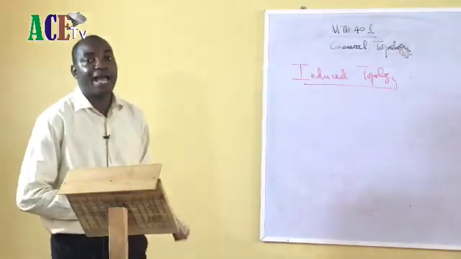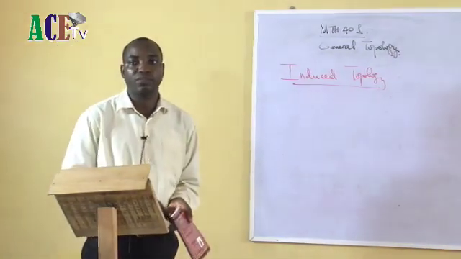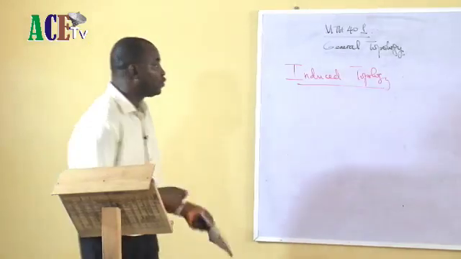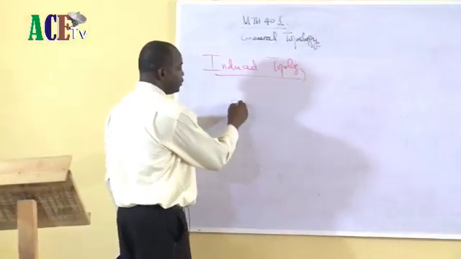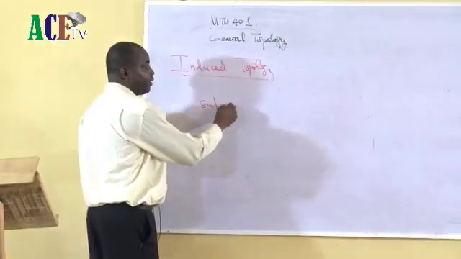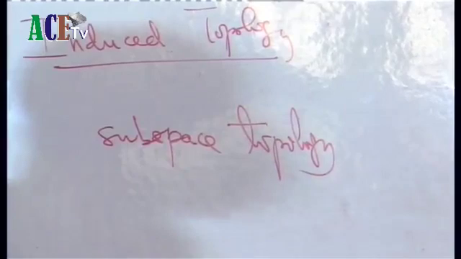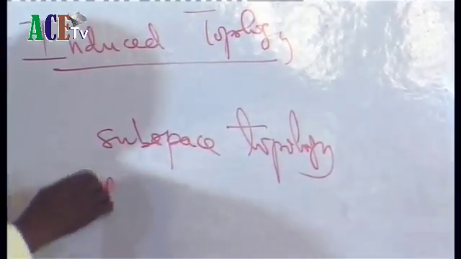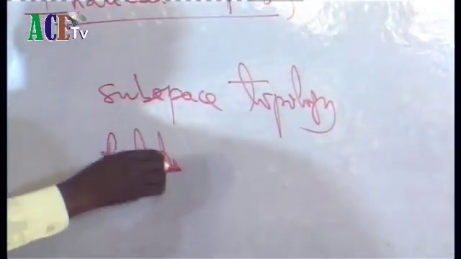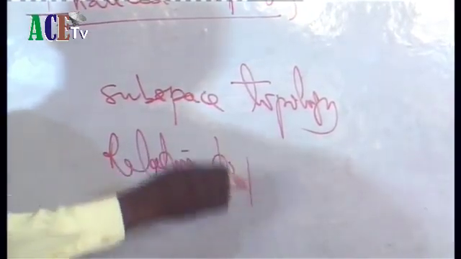This concept has two other names, namely subspace topology, or what we call the relative topology.